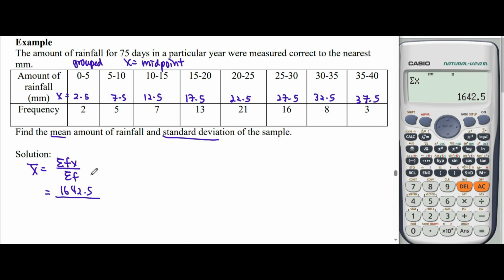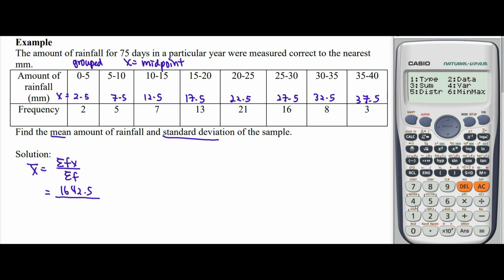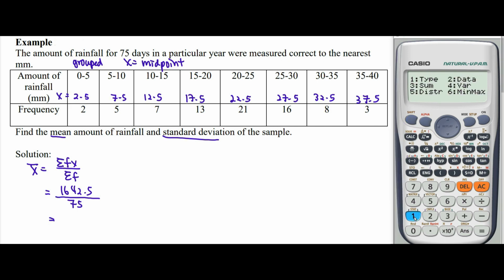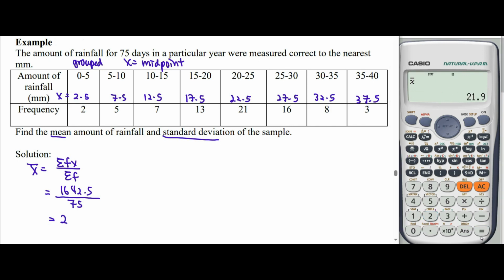And then for summation of frequency, which means the total of your data, number 4, which is your n. Total data here, 75 data. Yes, because just now we said we have 75 reading data. So our frequency total will be 75. Then we find out our mean. Number 4, reading number 2 for this symbol mean is 21.9.